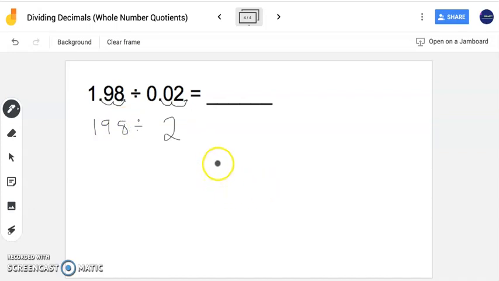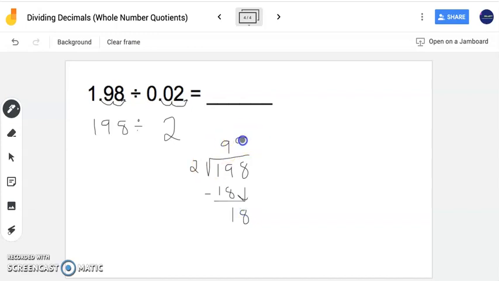Now notice this is where you want to grab your scrap paper, because you're going to need to rewrite this problem and actually do the long division. So 2 times 9 is 18. I'm going to subtract. Now I bring down my 8.